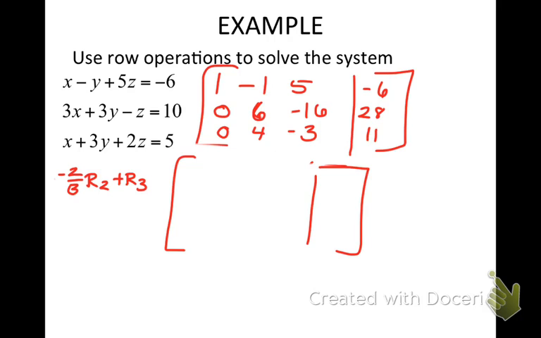So that means row 1's not changing: 1, -1, 5, -6. Row 2's not changing: 0, 6, -16, 28.